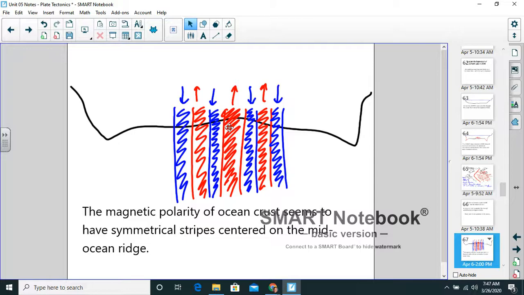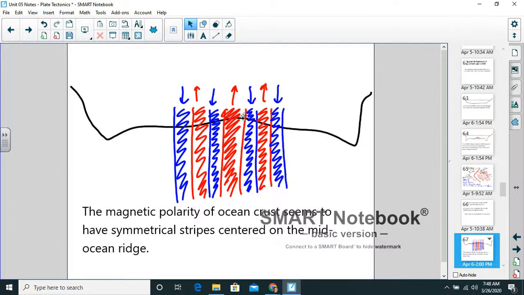When there are little crystals in some rocks that are magnetic in nature, and if those crystals cool from lava, they line themselves up with the magnetic field of the Earth. And if we look at the middle of our Atlantic Ocean, I'm going to use the Atlantic for right now, if we look at the middle of the Atlantic, all those crystals seem to point to north in one direction.